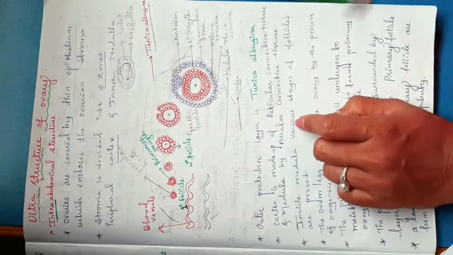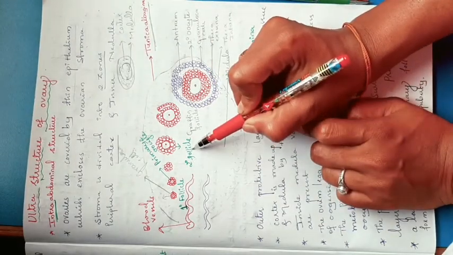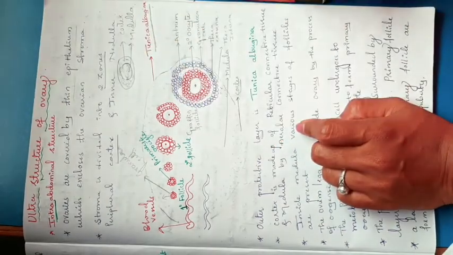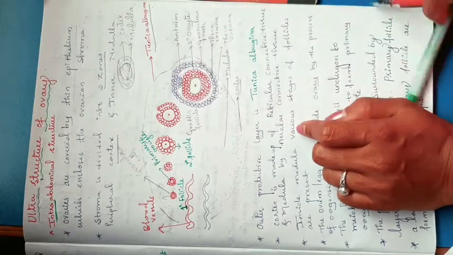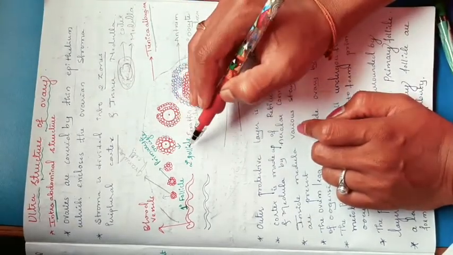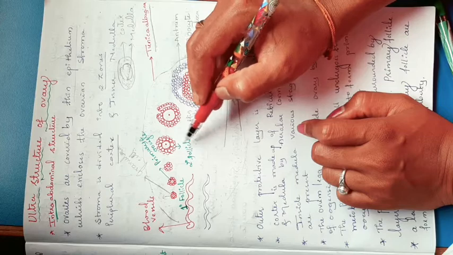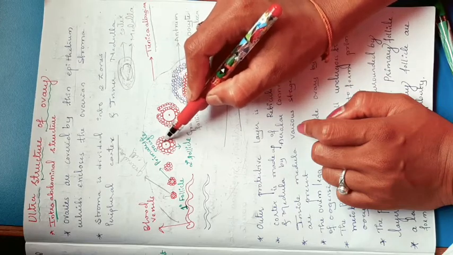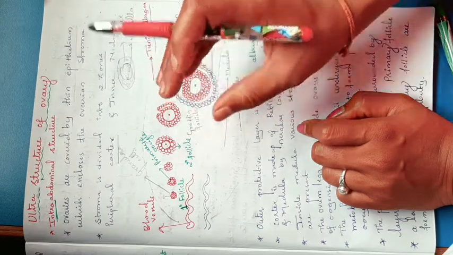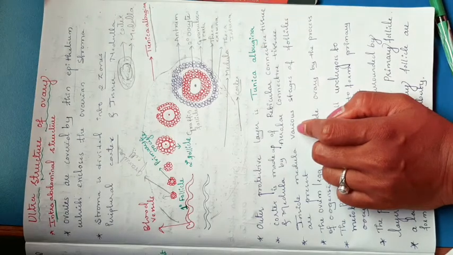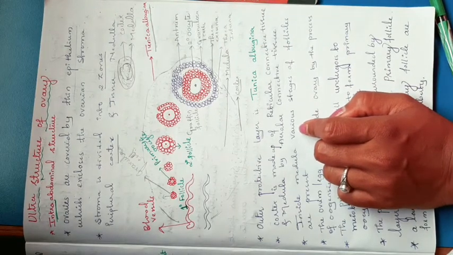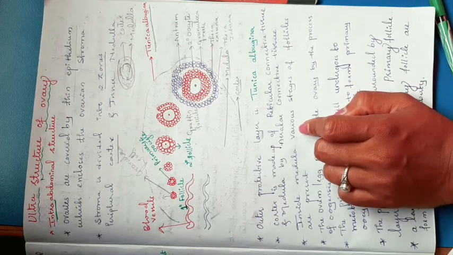Inside the secondary follicle a primary oocyte is present that completes its meiosis I division. After completion of meiosis I, one cell becomes two haploid cells.